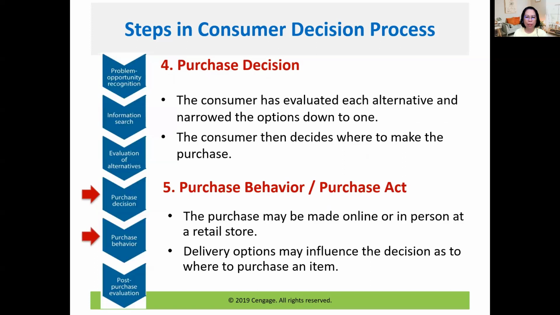The purchase may be made online or in person, at a retail store or a restaurant. Delivery options may influence the decision as to where to purchase an item. So this is when John actually goes to a Yellow Cab restaurant or orders online.